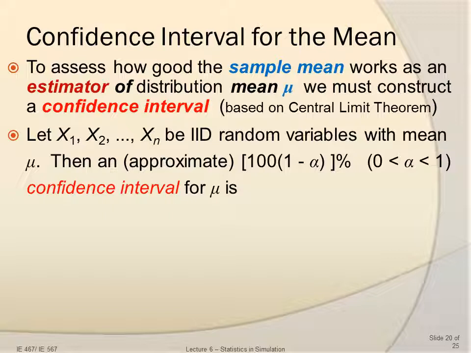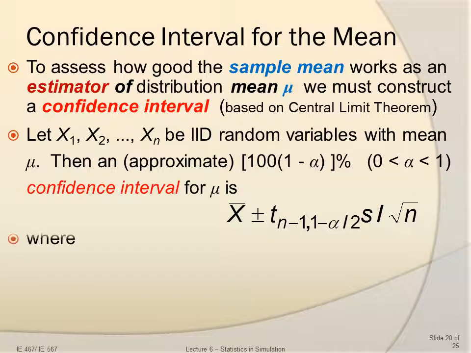Then the approximate 100 multiplied by (1 minus alpha) % confidence interval for mu is given by this formula. We already discussed this formula at the beginning of lecture 5, and I said that x bar is a sample mean, the t value is the critical value of the student's t distribution, s is the sample standard deviation, and n is the sample size, or the number of these random variables.